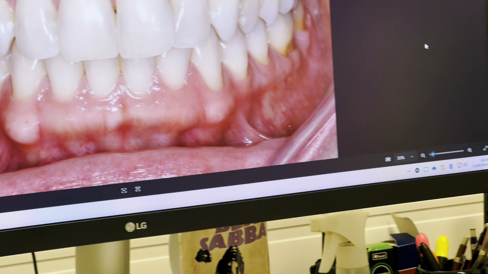And now if we look at her right side, I see a class 1. The occlusion here is class 1, but look at this canine, very inclined and very deep. This deep canine impedes the mandible from making side movement.